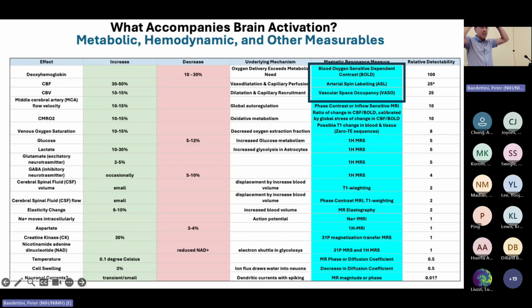So then you also have cell swelling. So that's actually a technique that Denis Lebihan, who was a pioneer in diffusion imaging, claims that he was able to see. So if you have a lot of diffusion weighting, a lot of you probably haven't learned about diffusion weighting yet, but the idea is that the signal is proportional to the rate of diffusion of the water molecules as they randomly move in space.